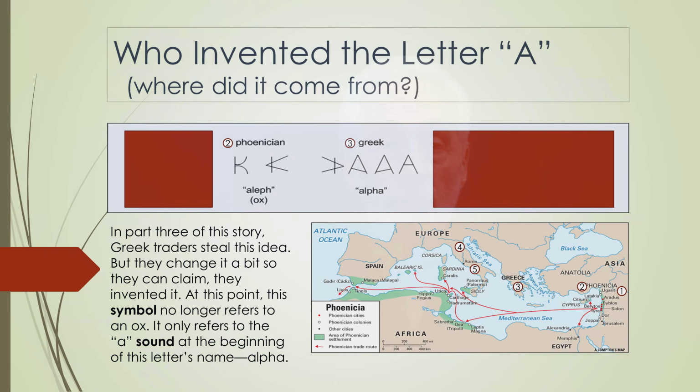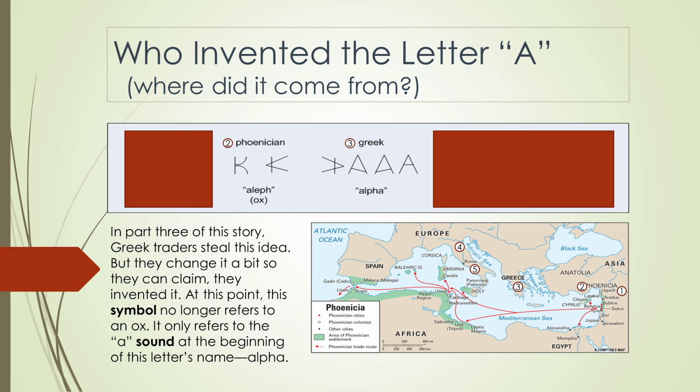And the third step in the life history of the letter A, now you can see, similar to the last lesson with how many character type babies I revealed at a time, again there are two. But this time it's the second one, and then the third one. Well, why?